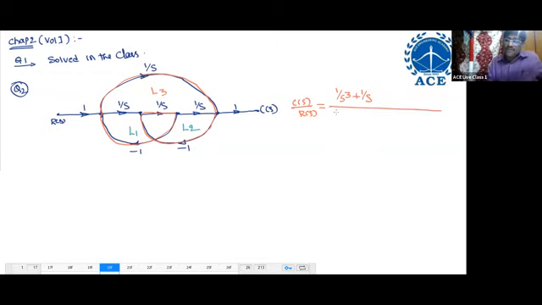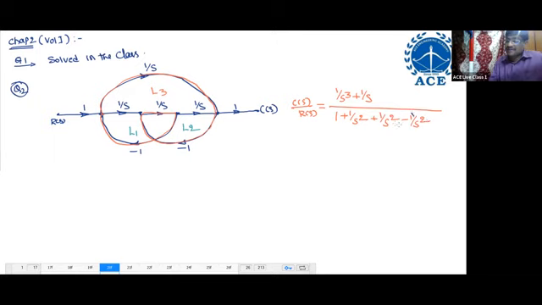First loop gain 1, opposite sign of first loop gain 1 by S square. Opposite sign of second loop gain, so 1 by S square. Opposite sign of third loop gain. What is the third loop gain? 1 by S times minus 1 by S, minus minus plus, so opposite sign means minus 1 by S square.